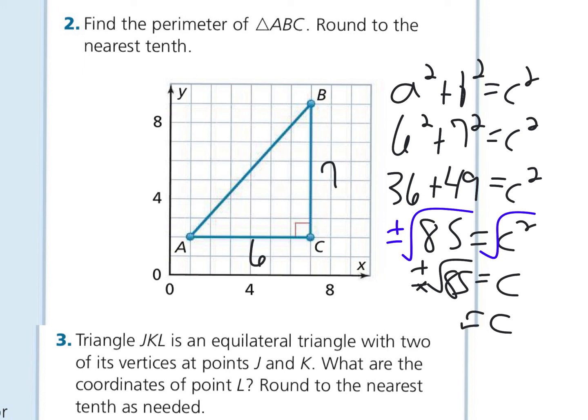Since this is the only number that doesn't come out evenly, we could round this to the nearest tenth.